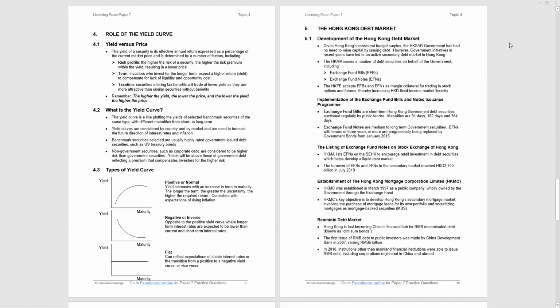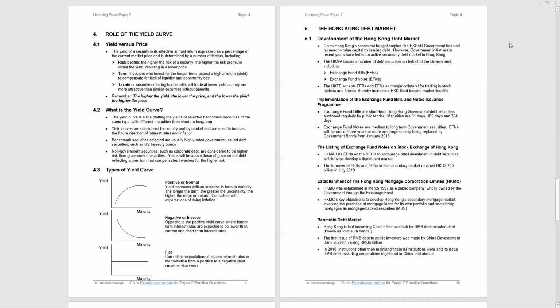We've got some notes on the implementation of the exchange fund bills and notes program. Also, we refer to the listing of exchange fund notes on the Stock Exchange of Hong Kong. We've given some notes there on the establishment of the Hong Kong Mortgage Corporation.